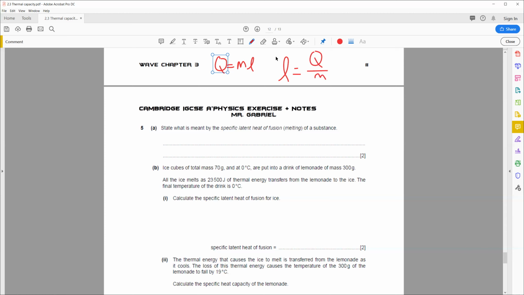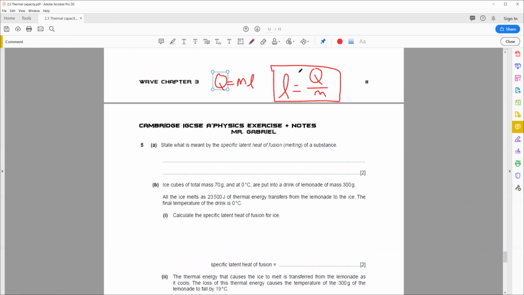From here, just looking at the formula itself is not good enough, right? Because just looking at the formula here, we know that latent heat of fusion is the amount of energy needed to change 1 kg of a substance from what to what?